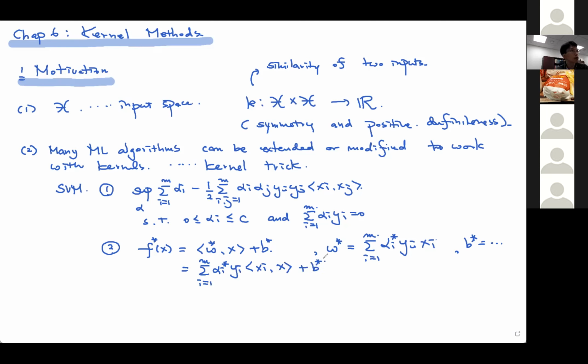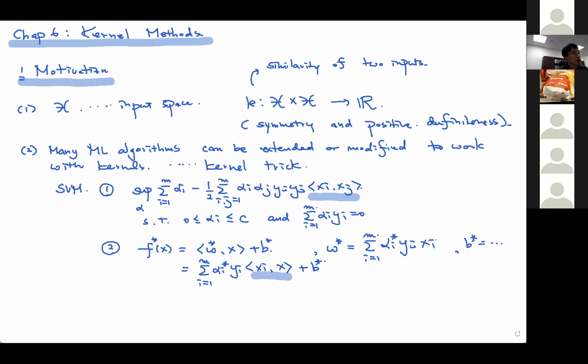It turns out that for the algorithm for the support vector machine, we can extend it. This algorithm depends only on the inner products when you solve the optimization problem. In other words, when you do the training, as well as when you use the trained outcome to make a prediction for new inputs, it also uses only the inner products.